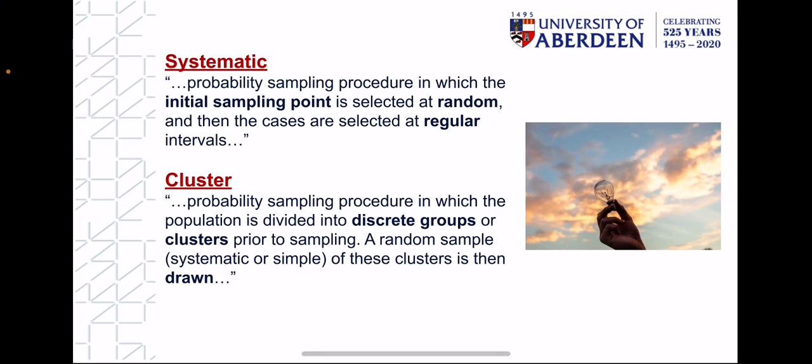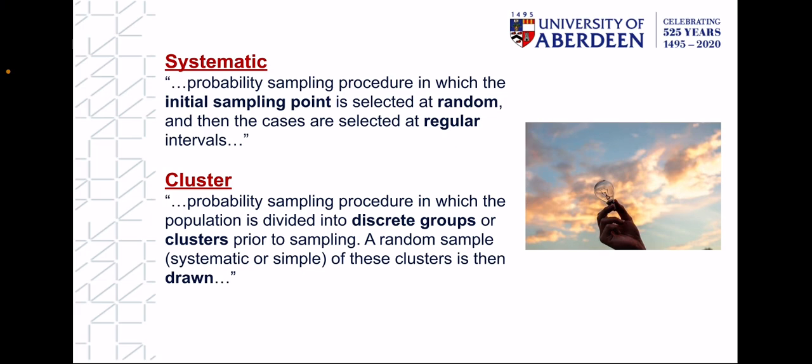The next probability sampling technique is what we call systematic sampling. Systematic sampling involves selecting the sample systematically at regular intervals from the sampling frame.